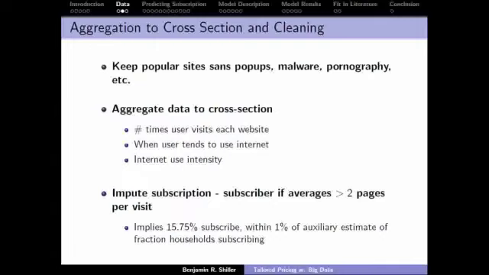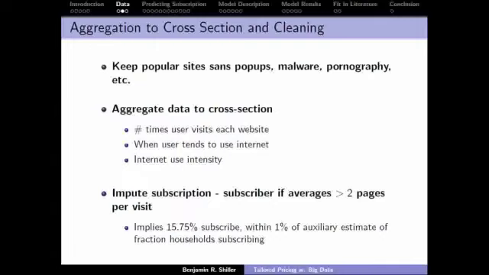And so to do so, you have to explore movies, go to different pages within Netflix. So a Netflix subscriber has a good deal of motivation to go to many of the sub-pages within the top-level domain. People who are not Netflix subscribers do not. So I assume that anyone who averages more than 2 page views per visit is a Netflix subscriber, and anyone who does not is not.